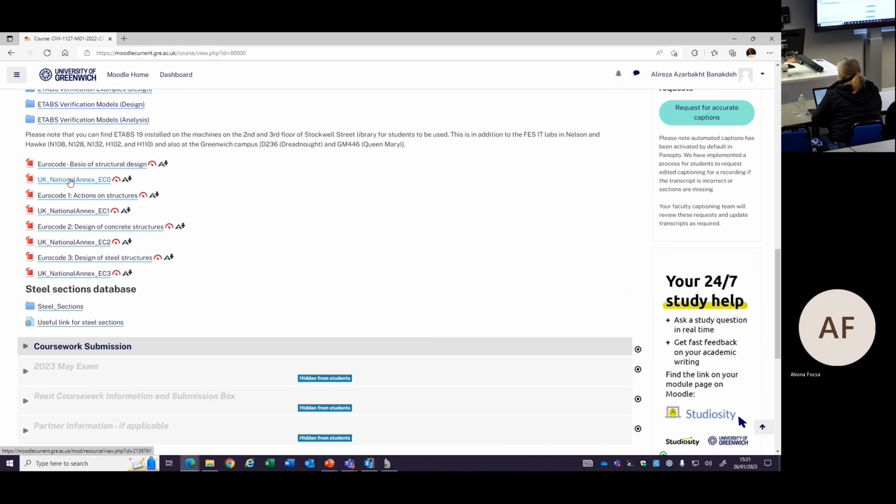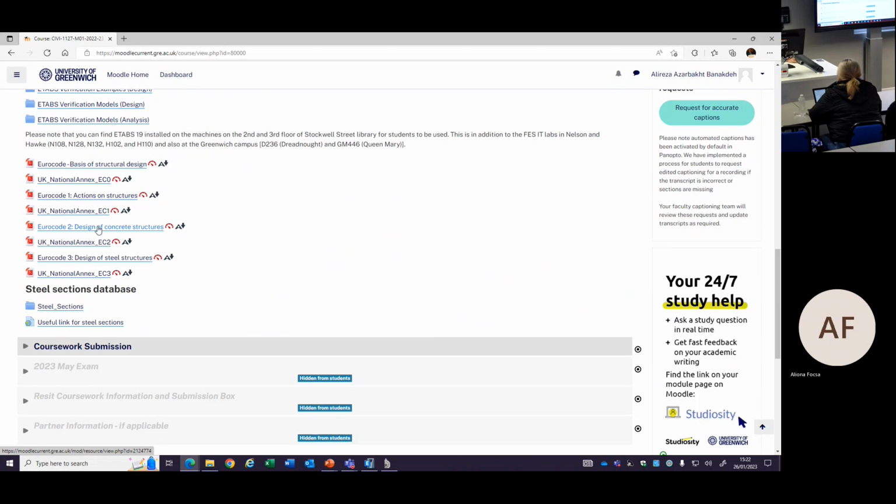These are just the Eurocodes and UK National Annex for loading, actions, and design of concrete structures and design of steel structures. I think I wrote it wrongly. No, it's okay. Probably I've mentioned EC3 today in some places. It was EC2, I correct myself.